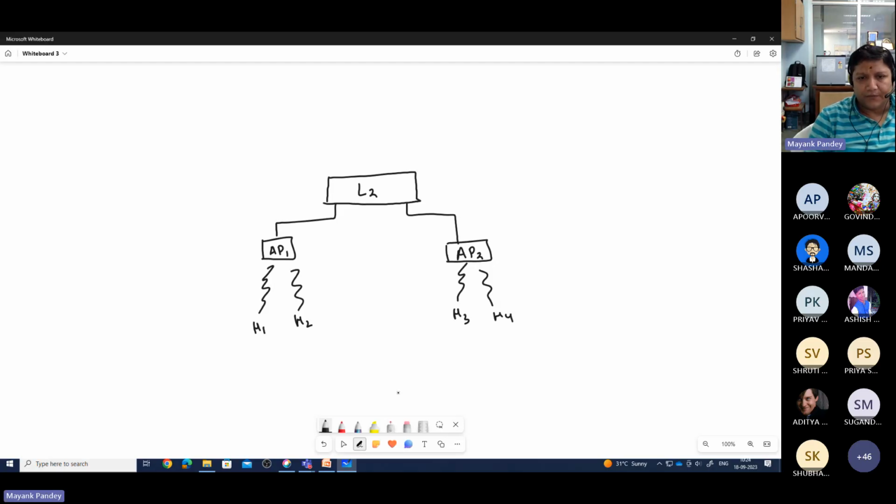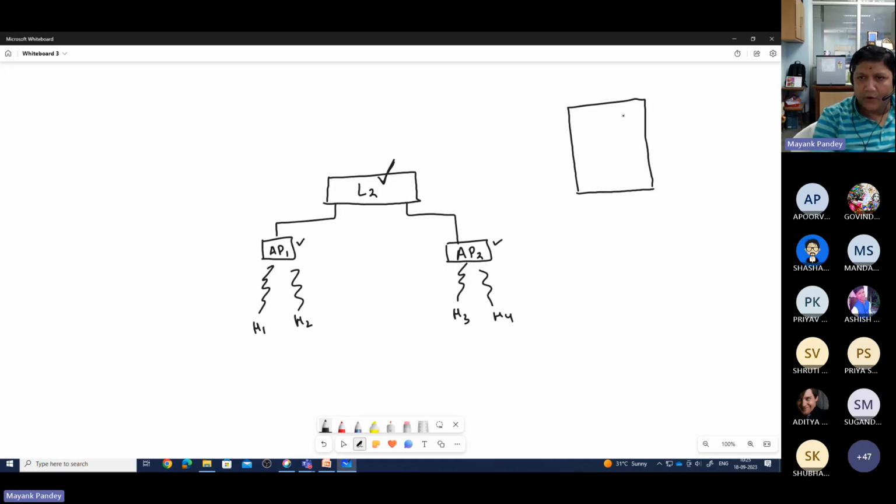This is the situation. This is the L2 switch. This is wireless access point 1, wireless access point 2. And these are communicating also, which means this switch has already learned the existence of these devices.